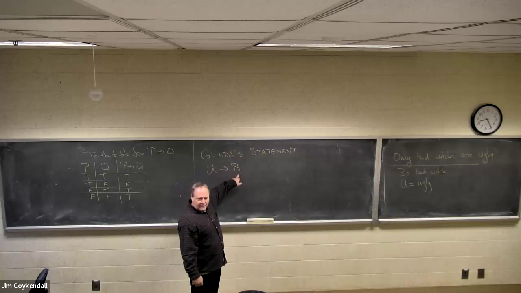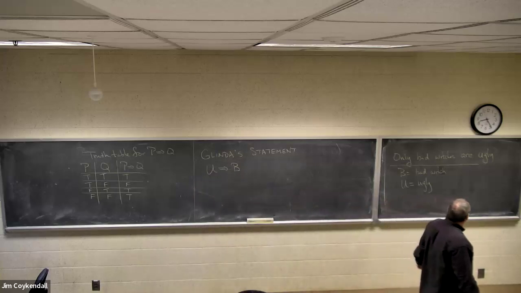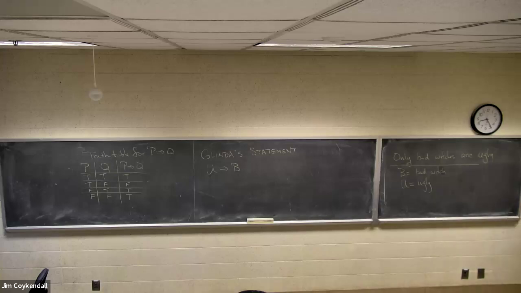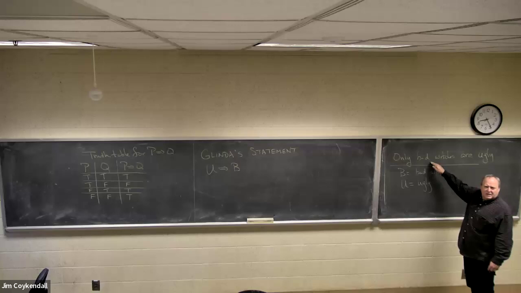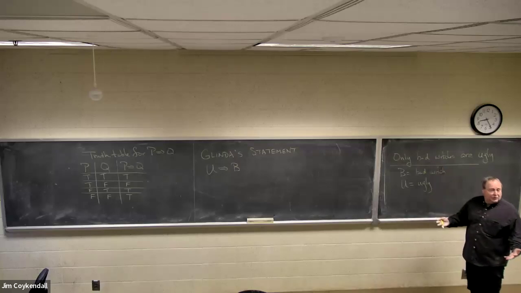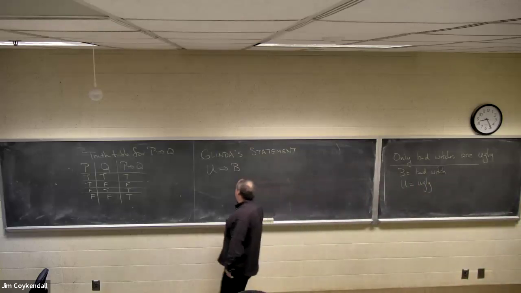Is that what Glinda said? If you're ugly, then you're bad. Well, think of it this way. Let's take Glinda's statement. Suppose you see an ugly witch. Can the ugly witch be good? If we're assuming that there are only bad witches and good witches, then this does mean that ugly implies bad, right?